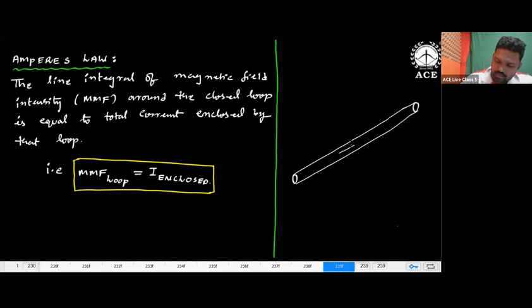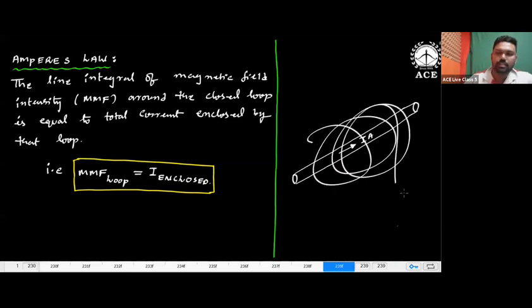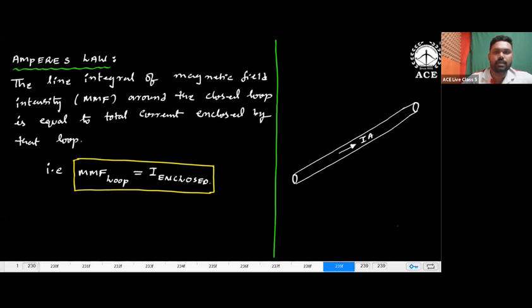Here current is flowing. How much is the current? I amperes. If the current is flowing like this, there will be a magnetic field around it. Just for the representation purpose, I am going to show it with the arrow. Don't think that magnetic field is present only here. Magnetic field is present around this one. Just symbolically, I am representing there.